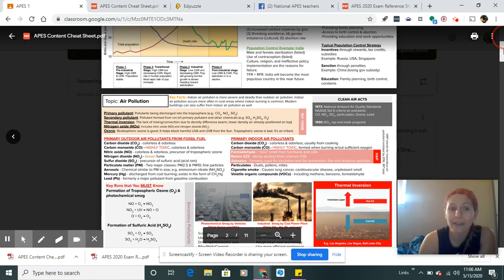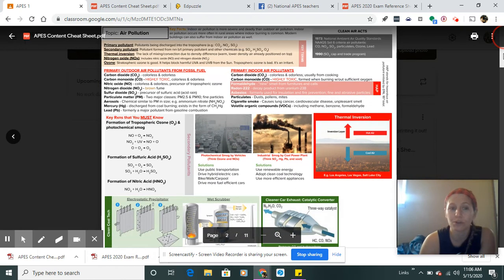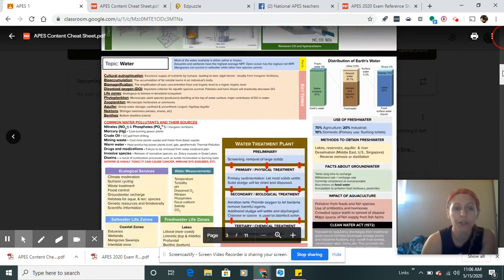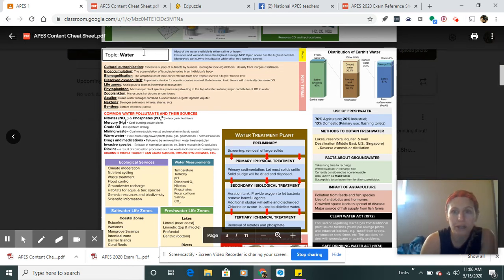But if you didn't know that, and they were talking about how things go into the water, well, if you go here, water, then you're like, oh, cultural eutrophication, what is that? Right here, the excess of supplies by humans leading to a toxic algae bloom from inorganic fertilizers.